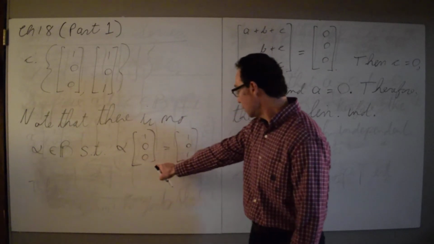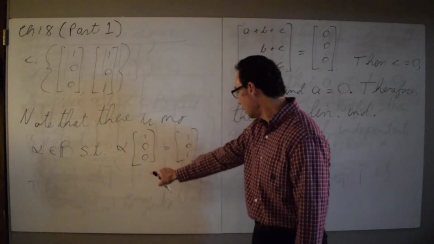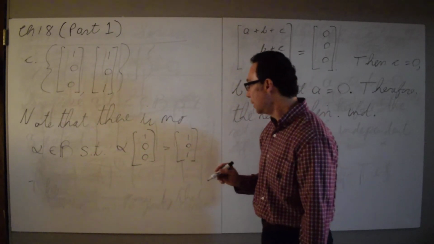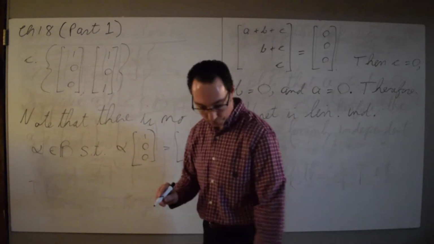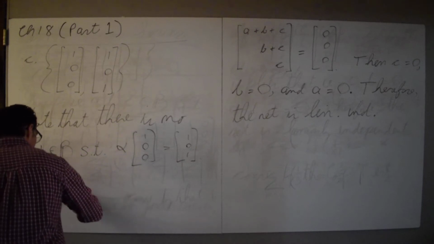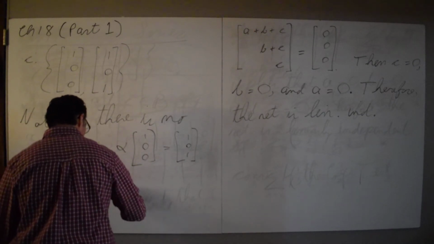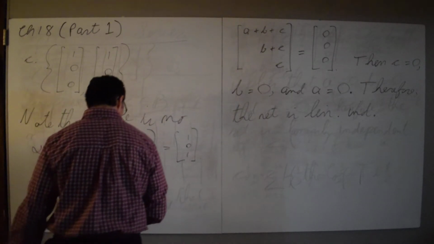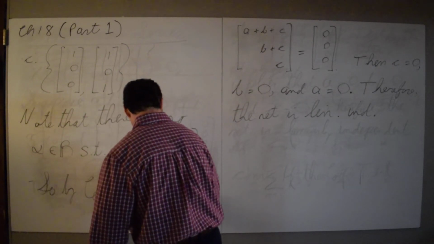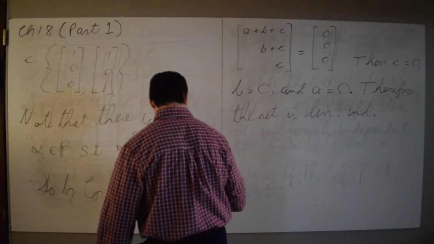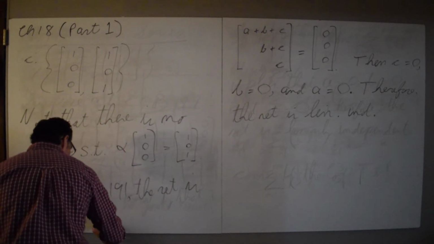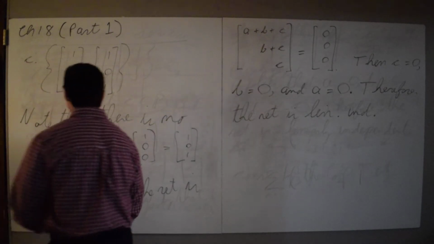Because alpha times this vector is going to be alpha, 0, 0, and the third component will not be equal to 1. So, by corollary 191, the set is linearly independent.